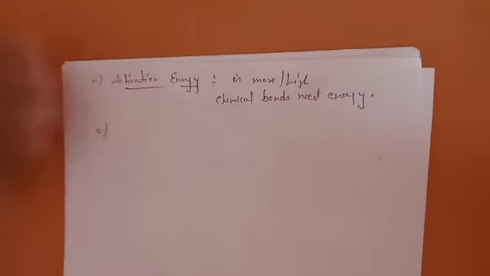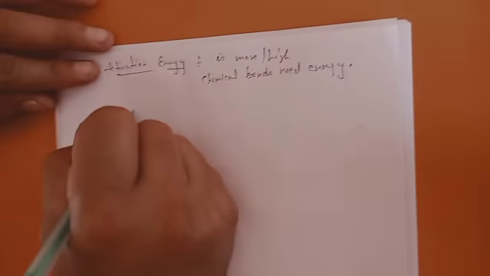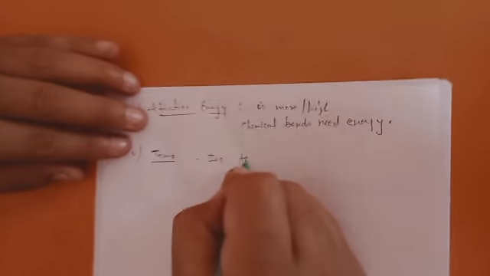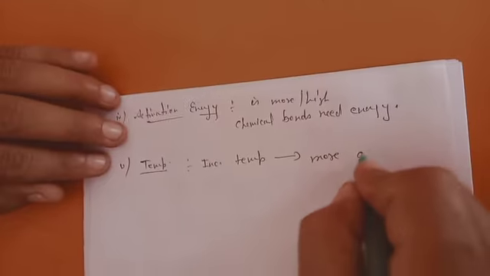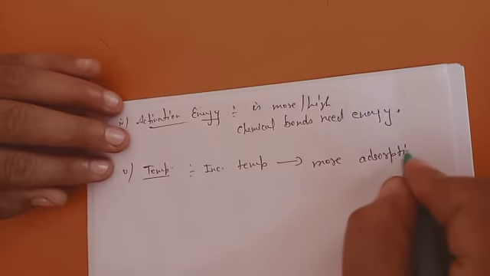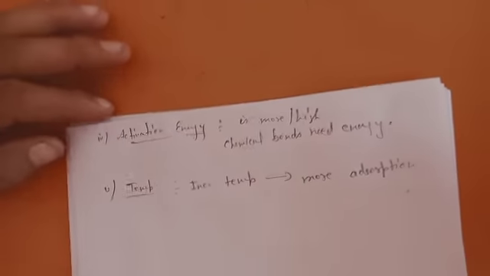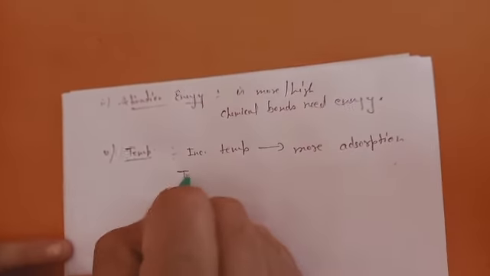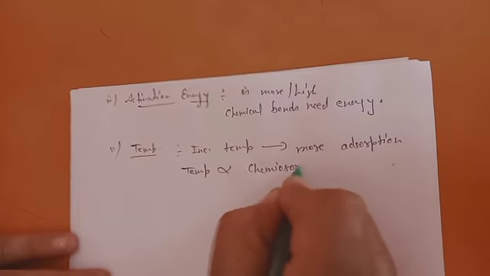Next one to discuss in this case is temperature. If you increase temperature, more adsorption. Why? Because the activation energy needed is supplied by increasing the temperature. So you will see that in case of physical adsorption, temperature has an inverse relation, but here temperature is directly proportional to chemisorption.